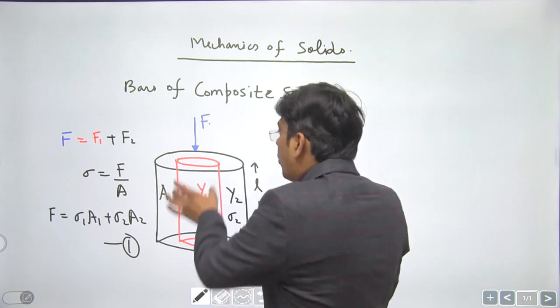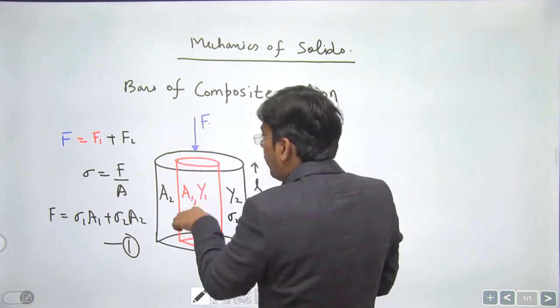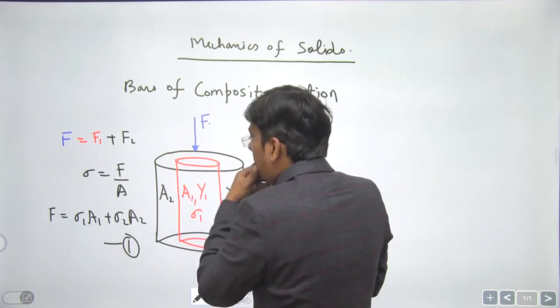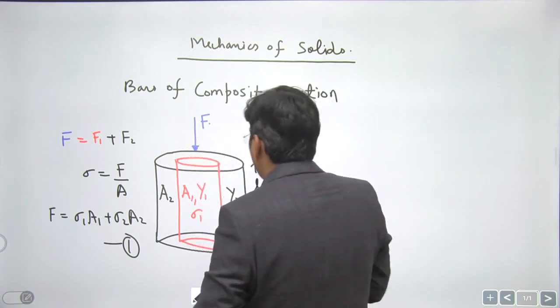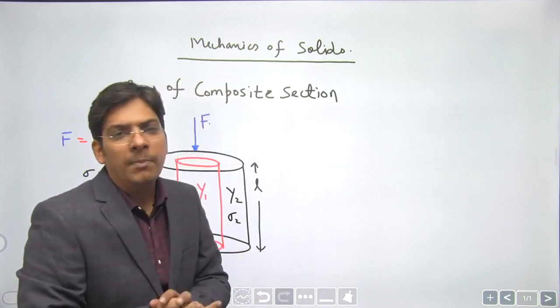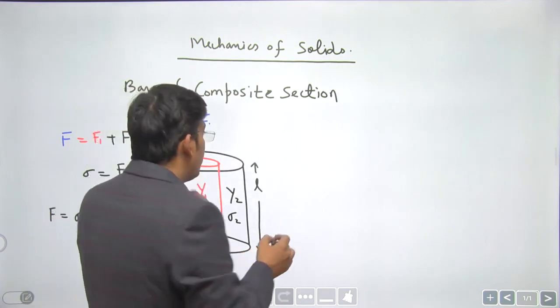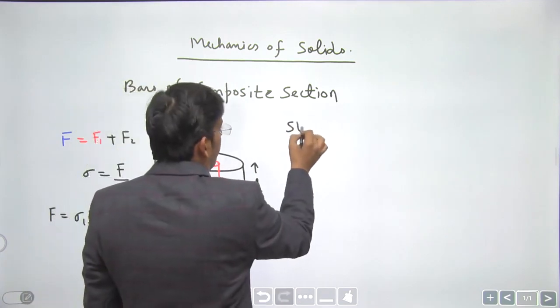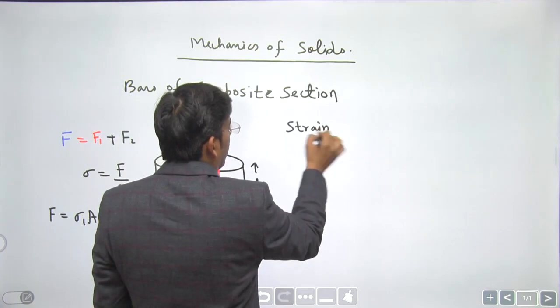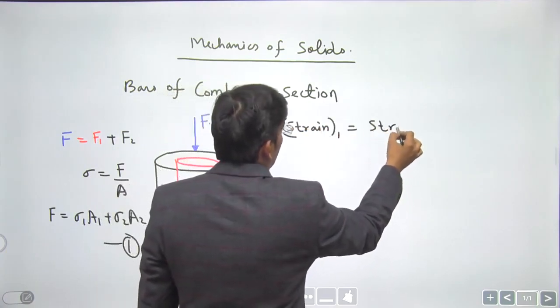This portion will get compressed, the red portion may go down and the black portion will emerge and become hollow. This will obviously destroy the strength of the bar, or it may damage the shape of the bar, right? So we want the strain in both the bars to be the same, so the strain in the red part and the strain in the black portion must be equal.